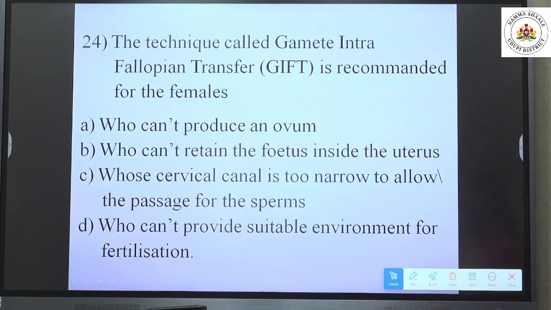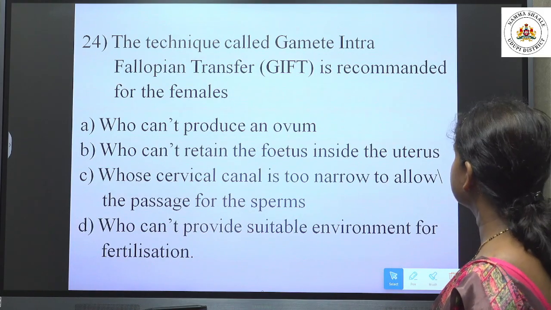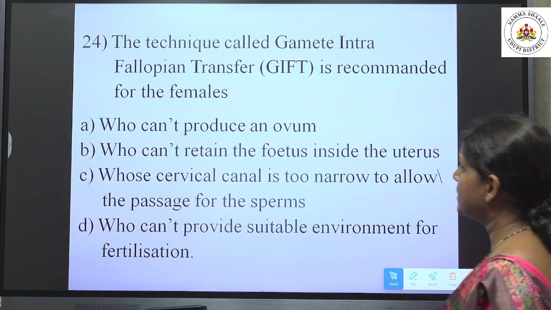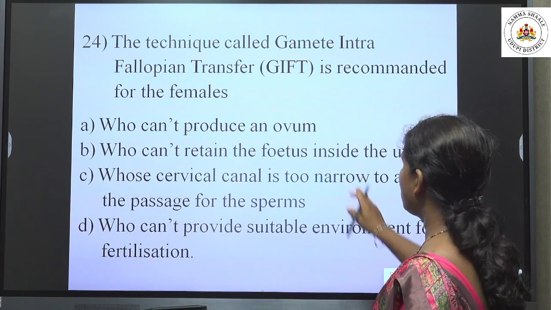Next question. The technique called gamete intrafallopian transfer, or GIFT, is recommended for females. Here the options given: who can't produce ovum.